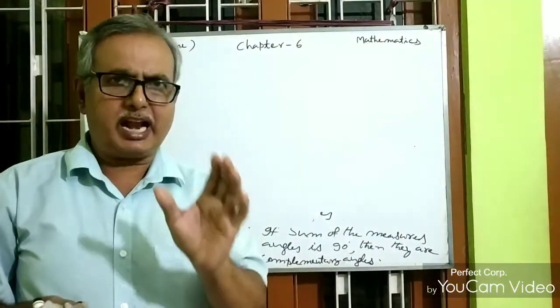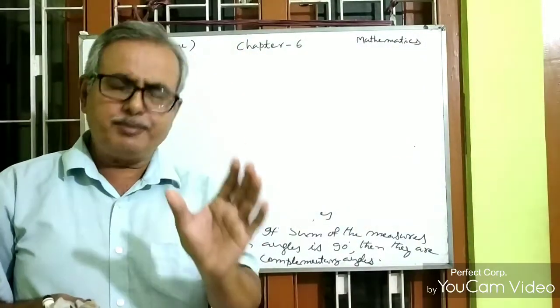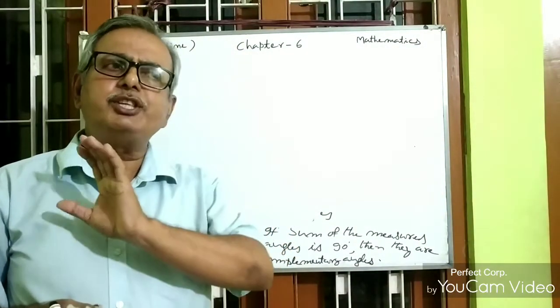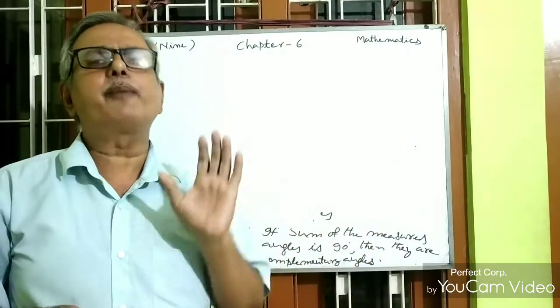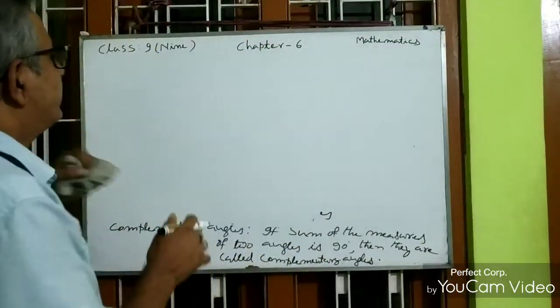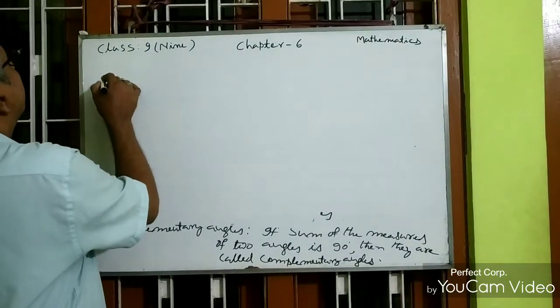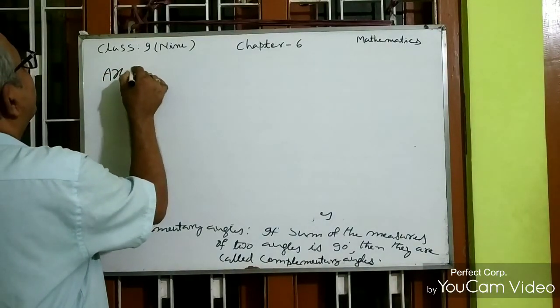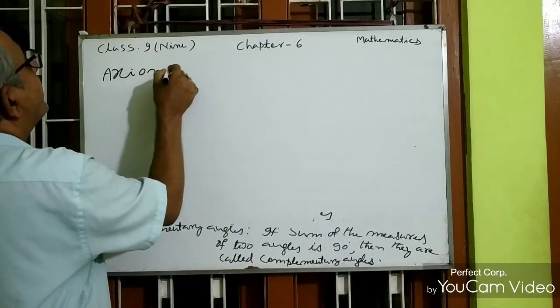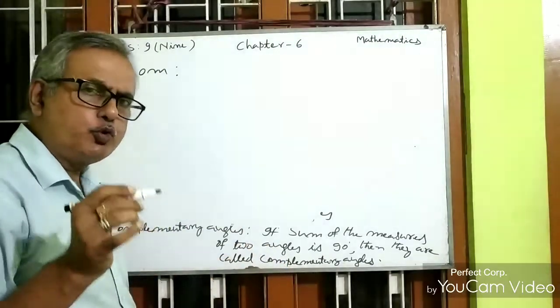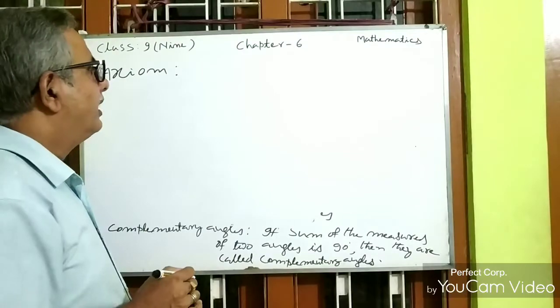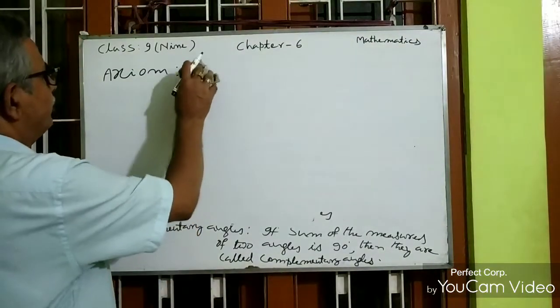An axiom is a proposition or statement which is a universal truth and has no need of proof. So one axiom I am telling you. Axiom: when a straight line intersects two parallel lines, or better, one thing you do.